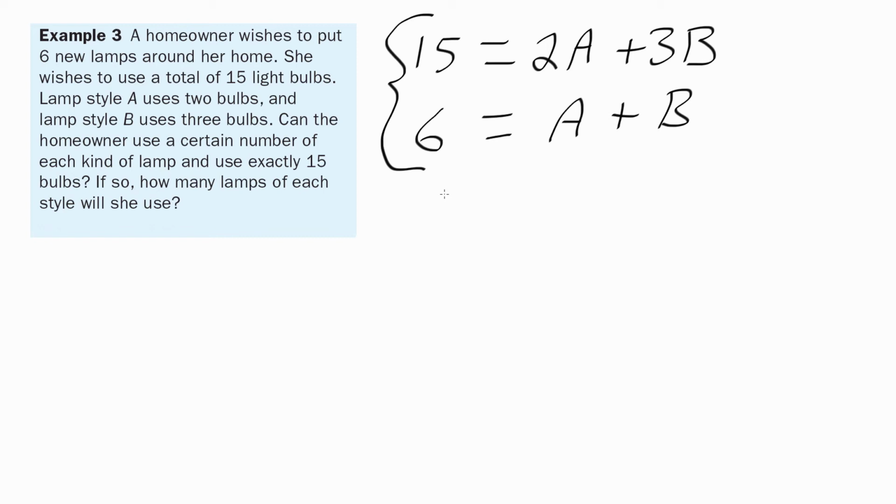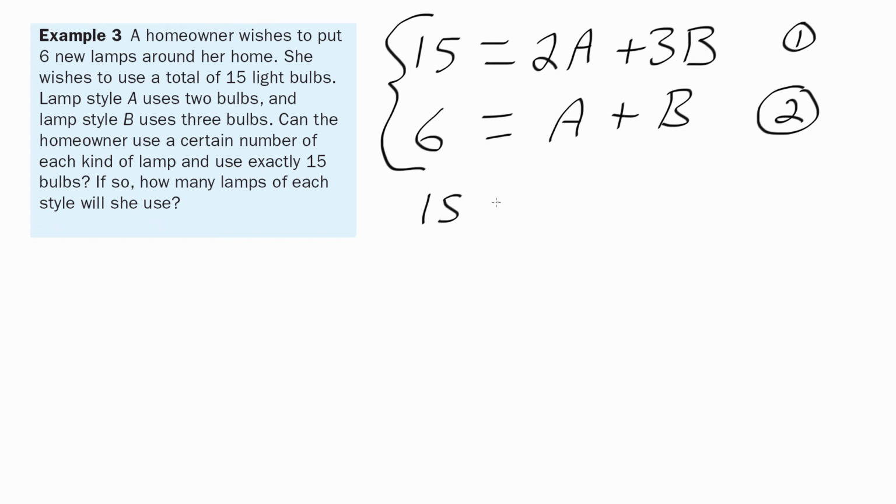But am I going to get what I need out of this? Can I multiply one by something and get an answer that will work for me? And, oh wait, it looks like I can do that, right? That's A plus B. I just have to multiply the second equation by a negative 2. That should give me a result, so we'll go ahead and do that.